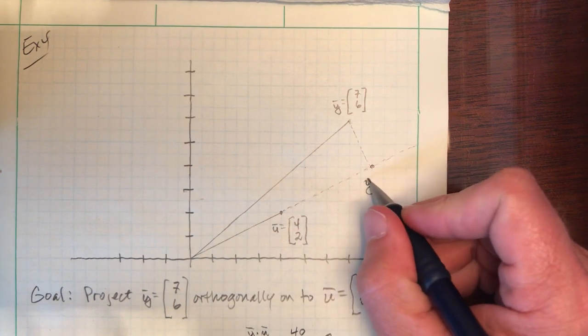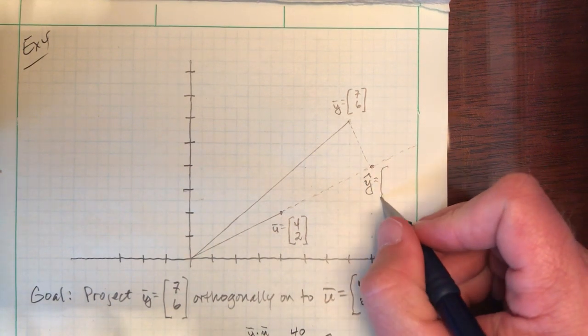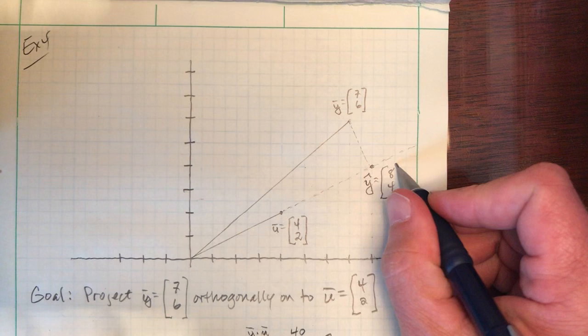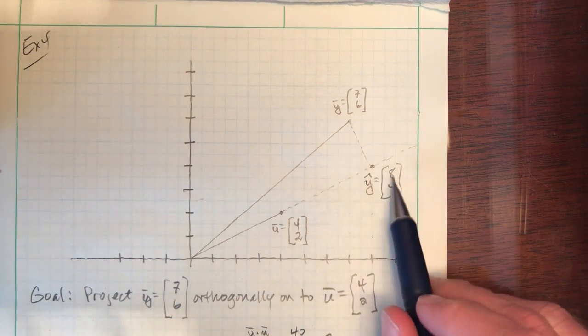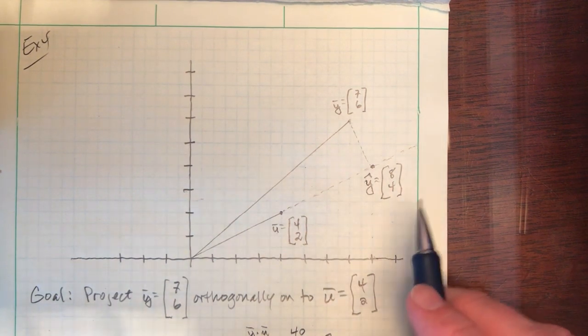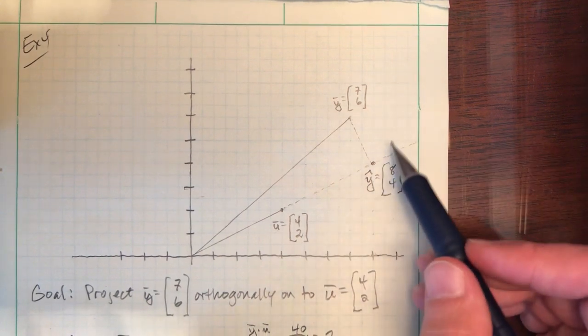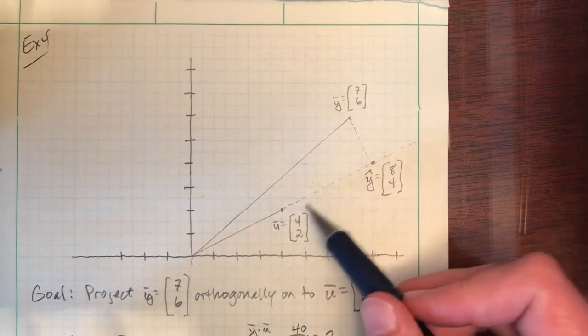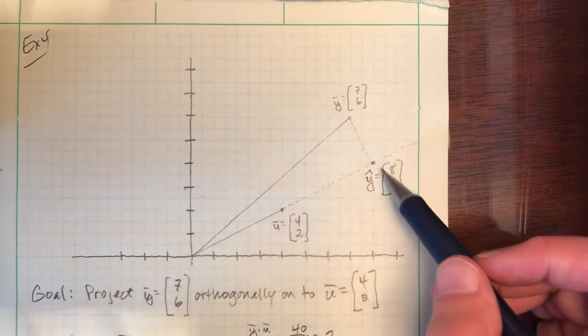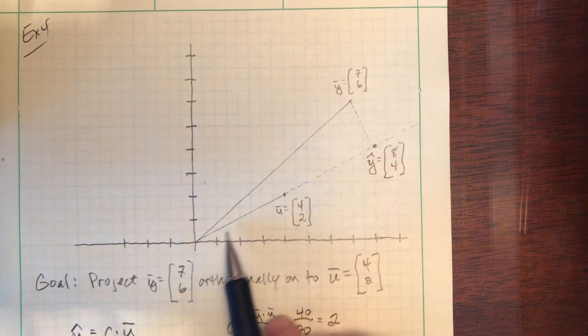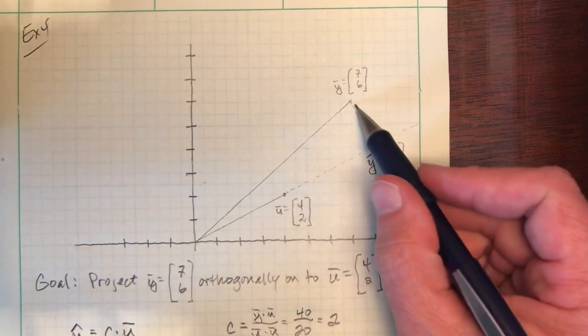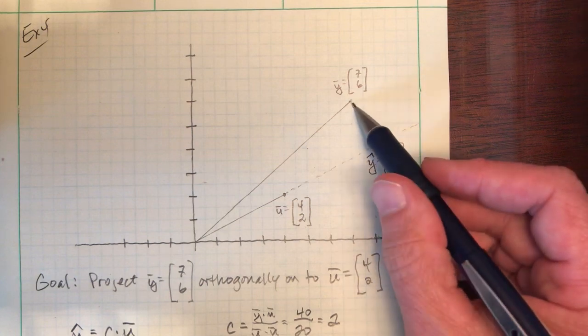But again, we're going to call that y hat. That's at 8, 4. And then finally, so we did it. And so the last thing we're going to do is we now, in a sense, have an orthogonal basis. We have the u vector, and I need to figure out this guy right here.